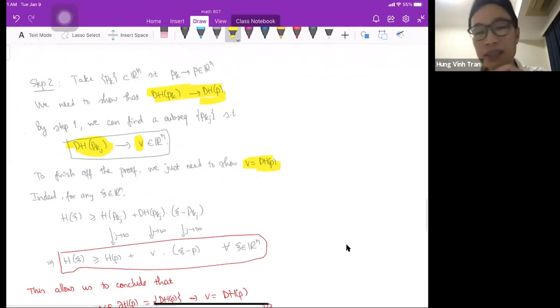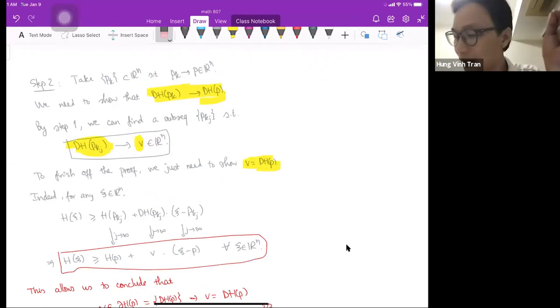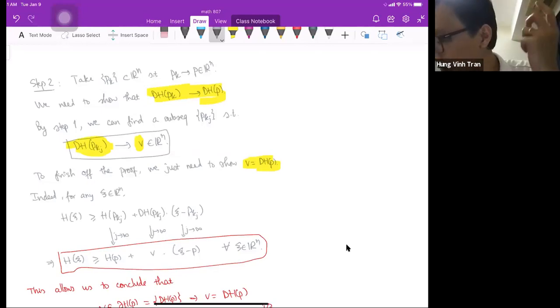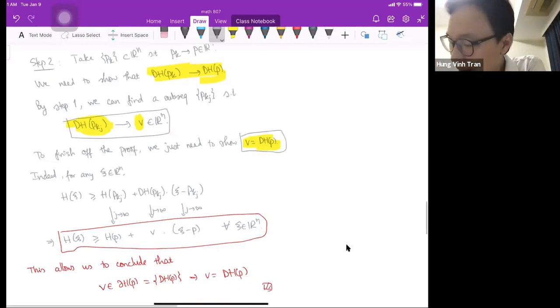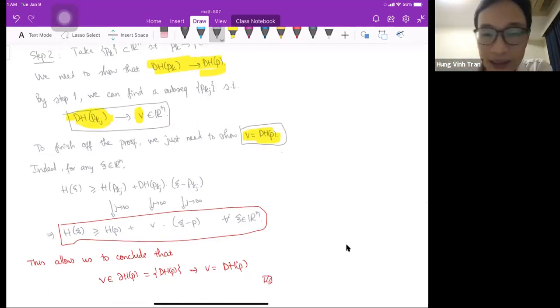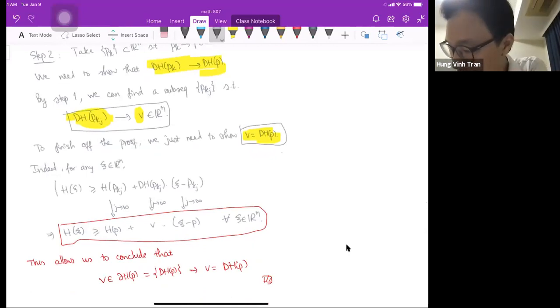Here we are using stability or continuity, and this is very simple and very powerful. I need to show this, and to do this, I just need to use continuity.